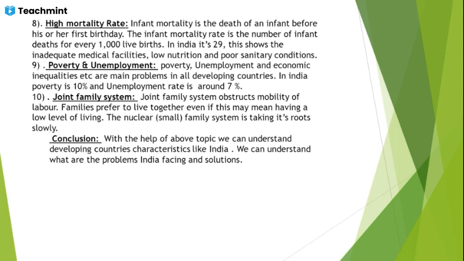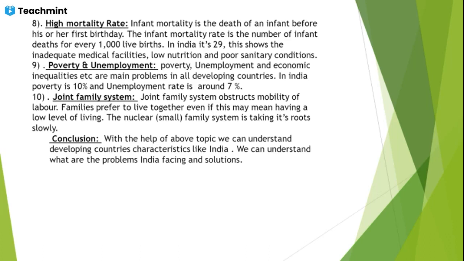This we can see is high in developing countries. In India, it's 29. That means out of 1,000 children, 29 children are passing away before their first birthday, that means before one year. This shows inadequate medical facilities, low nutrition, and poor sanitary conditions.